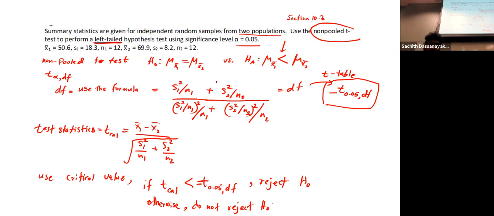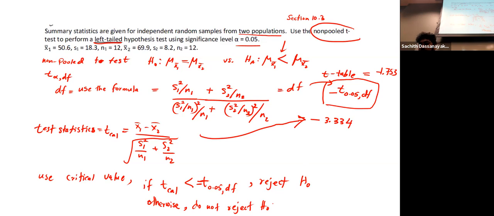The correct answer is test statistic t equals negative 3.334, critical value negative 1.753, and the decision is reject H0.